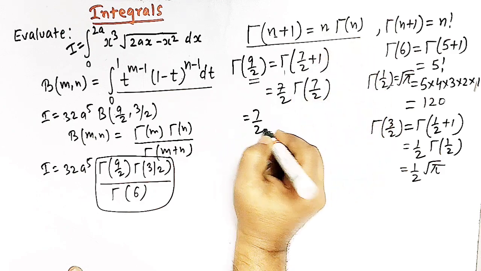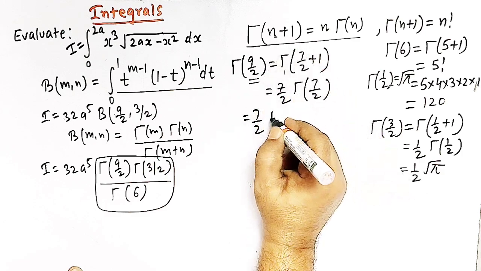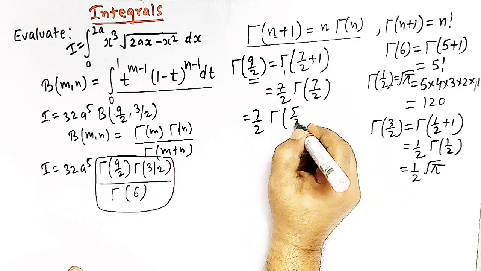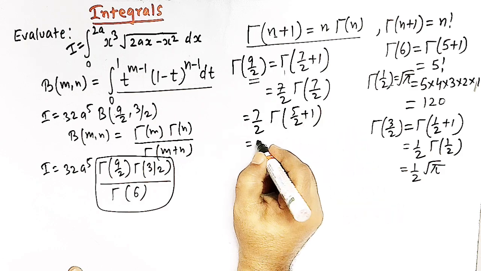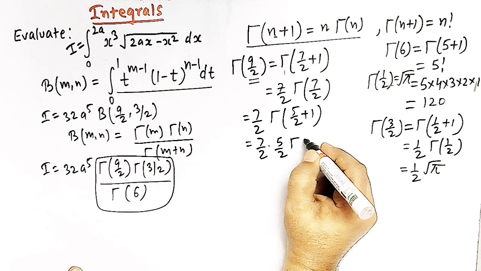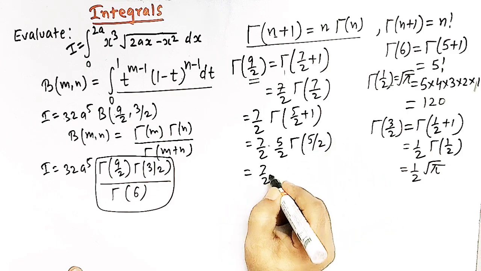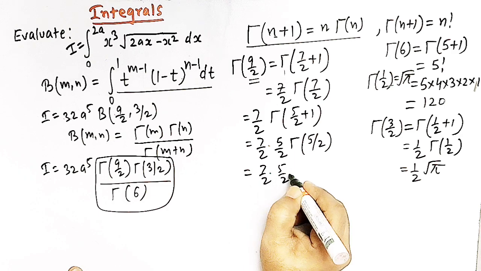Now we can again apply the same result to gamma 7 over 2. So we have 5 over 2 plus 1. So this is 7 over 2 times 5 over 2 times gamma 5 over 2.